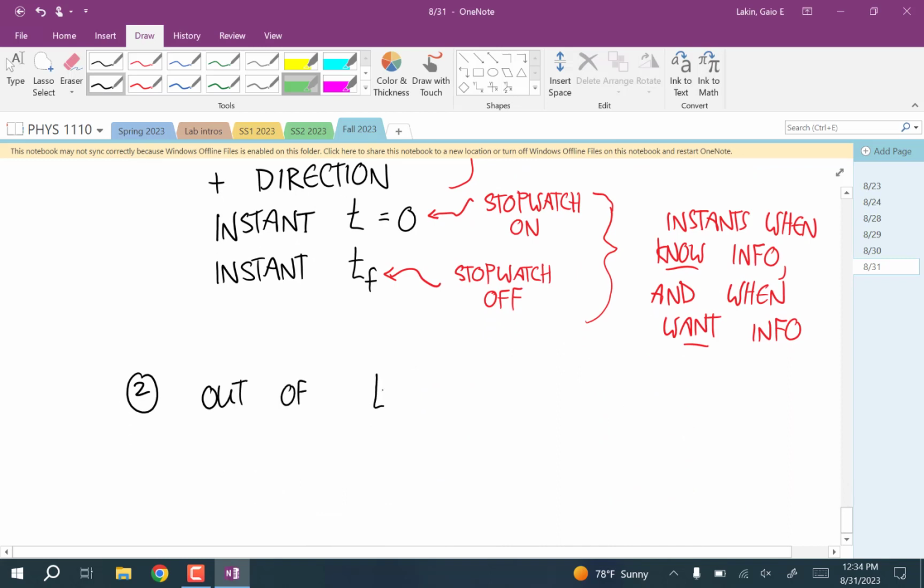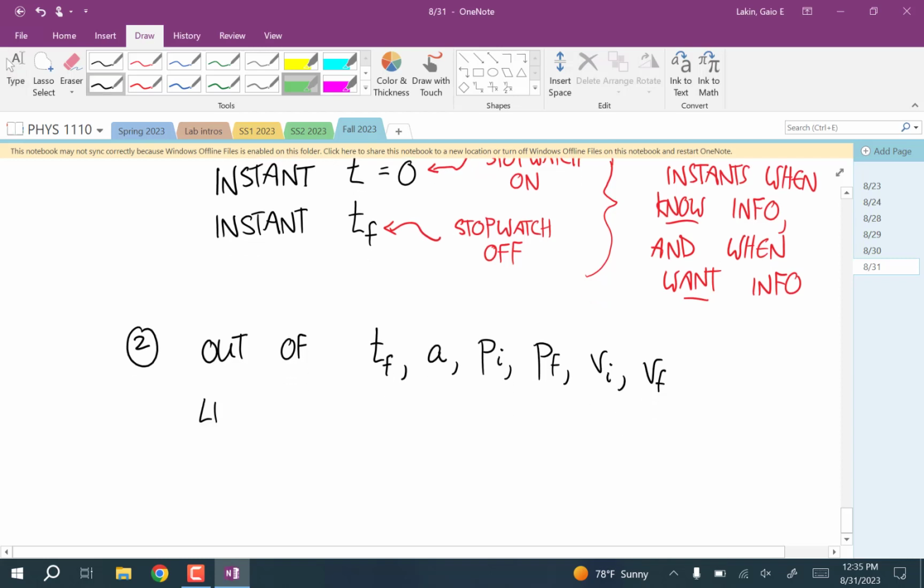Out of these 6 variables, time final, acceleration, P initial, P final, V initial, and V final, list which ones you know, and which one you want, you're trying to calculate.